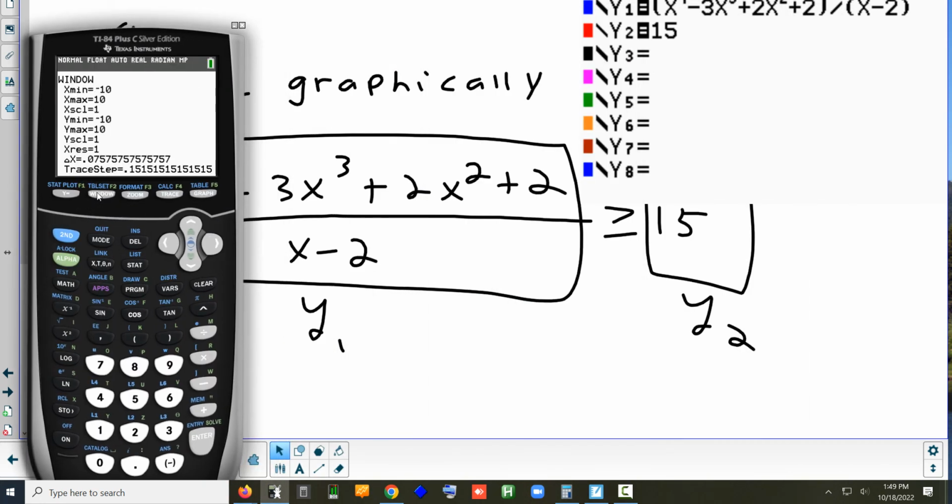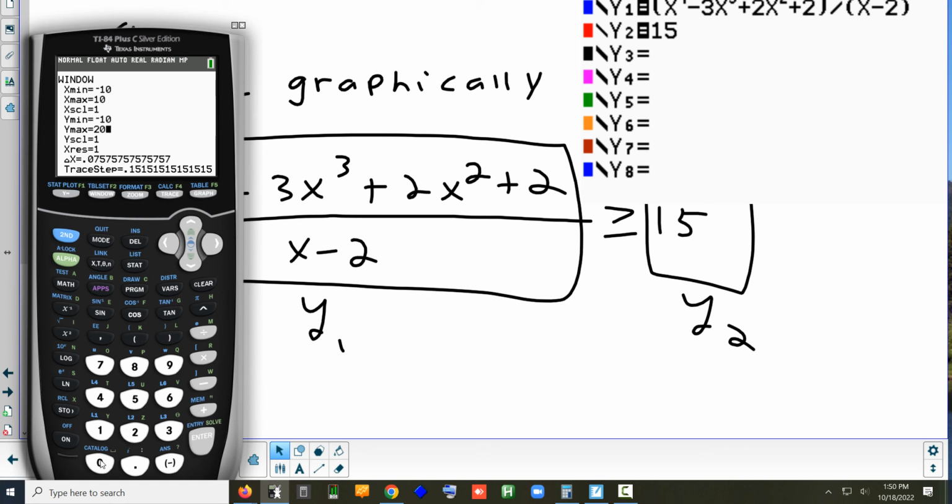So my calculator is set up for a standard window. What should I set my y max to? Probably 15. It's got to be at least 15, or I'm not going to see a horizontal line at 15. Since I don't want 15 to be right on the very edge of the screen, I'm going to set my y max to a little bit more.